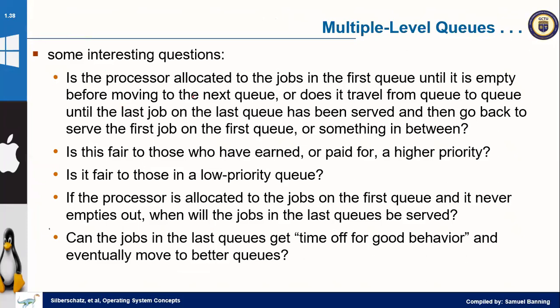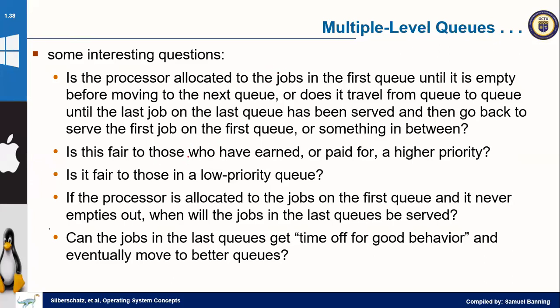Some interesting questions if you are using the multi-level queue. Is the processor allocated to the jobs in the first queue until it is empty before moving to the next queue? Or does the processor travel from one queue to another queue until the last job on the last queue has been served? This is a question you want to ask yourself.